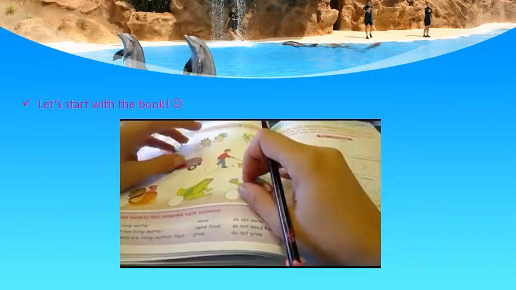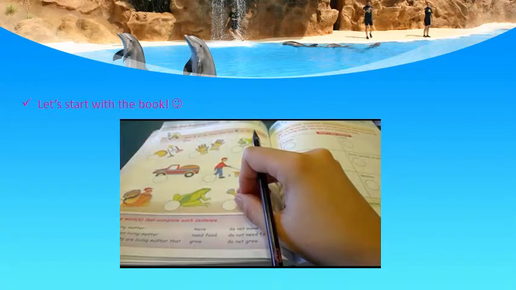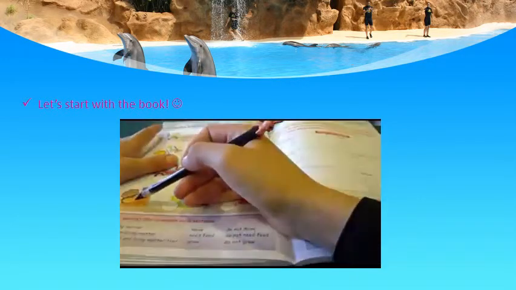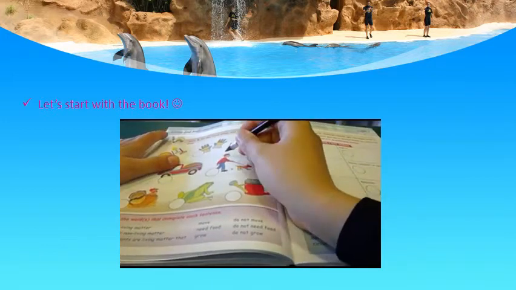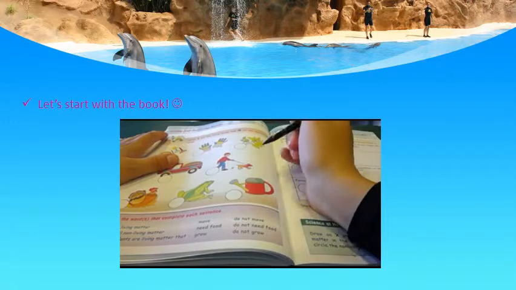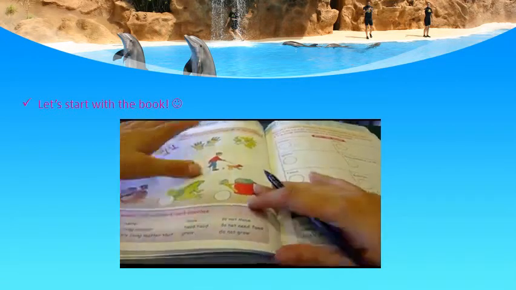Why? Because these things don't move by their own, don't grow, they don't need food, they don't need water, they don't die. The frog, the chicken, the boy with his dog, the plant are living things because they grow, they are alive, they breathe, they need food, they need water, and they will die. Okay?